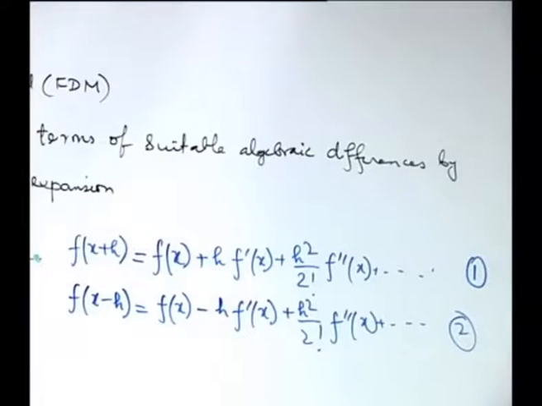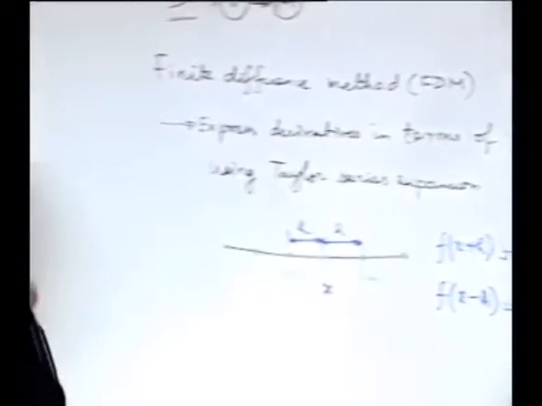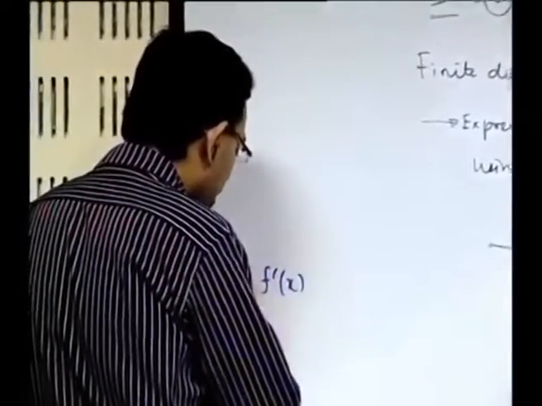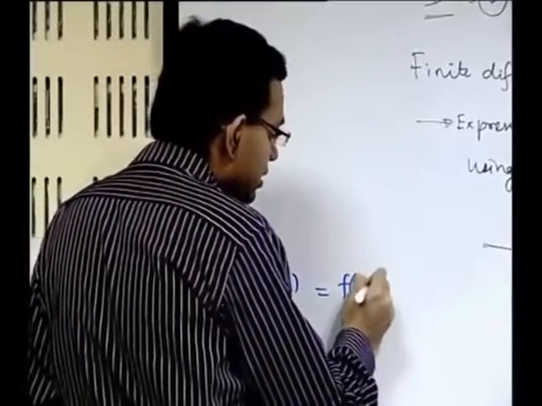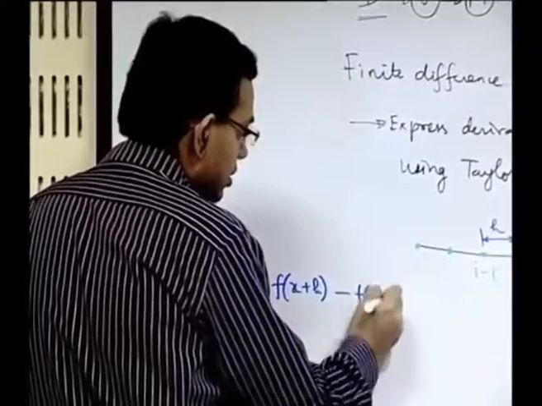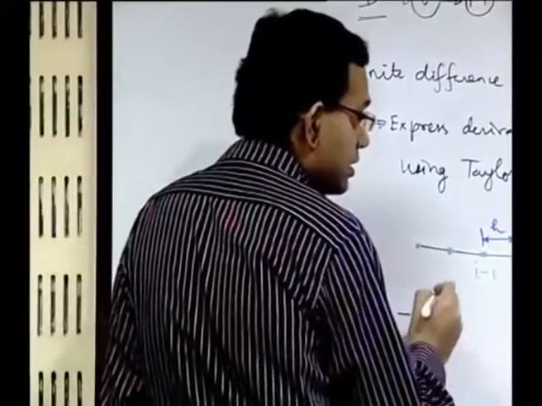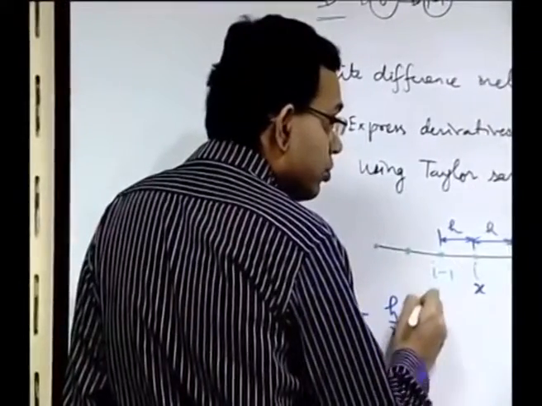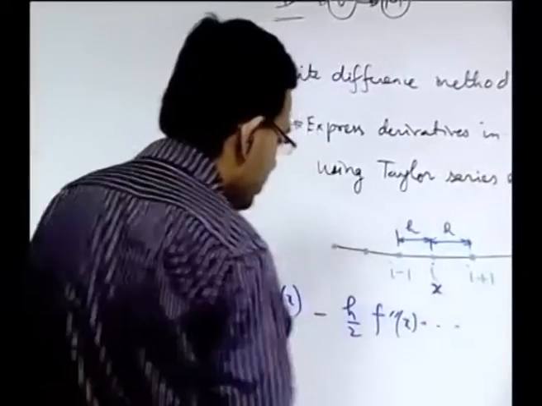There could be different ways in which you could derive that. For example, you could write f dash x from equation 1 as f x plus h minus f x divided by h minus h by 2 f double dash x and so on and so forth.